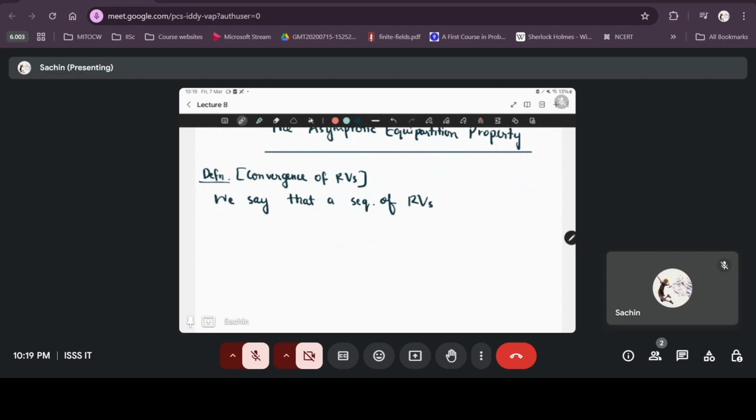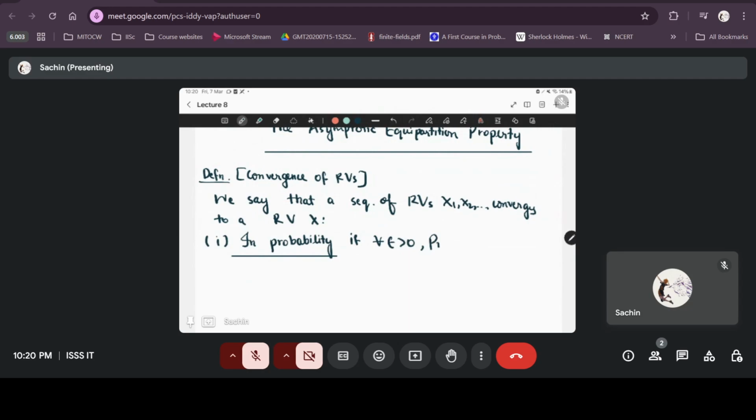We say that a sequence of random variables x1, x2, etc. converges to a random variable x. There are three definitions. We say it converges in probability if for all epsilon greater than 0, the probability that |xn minus x| is greater than epsilon approaches 0.